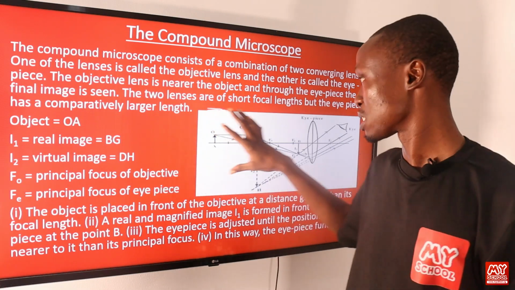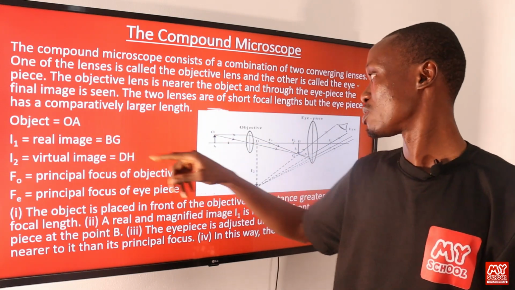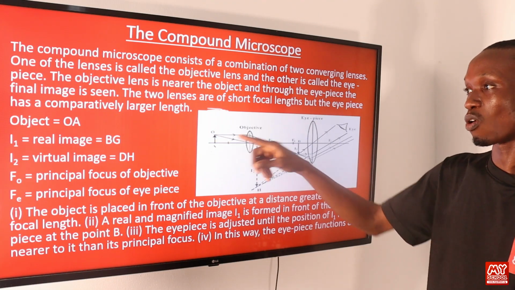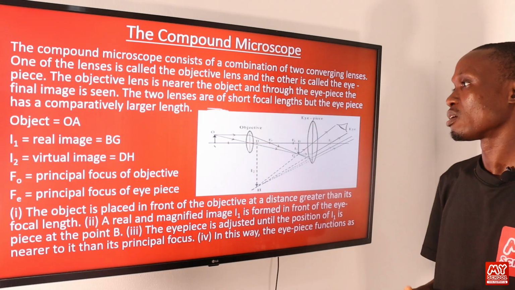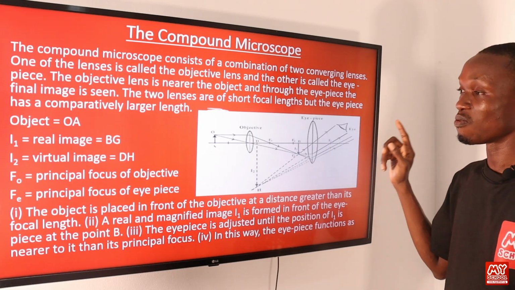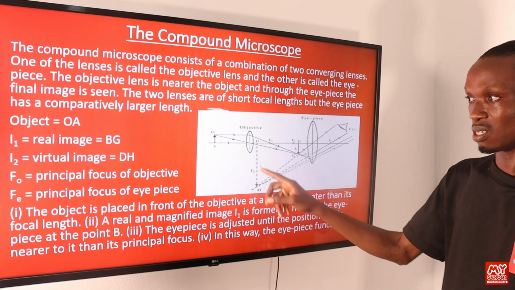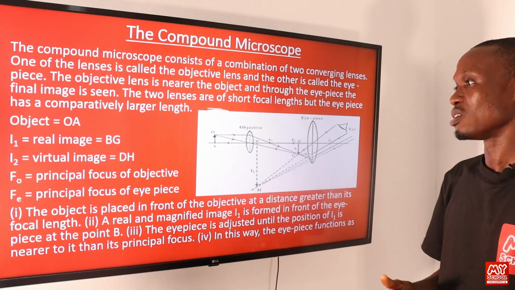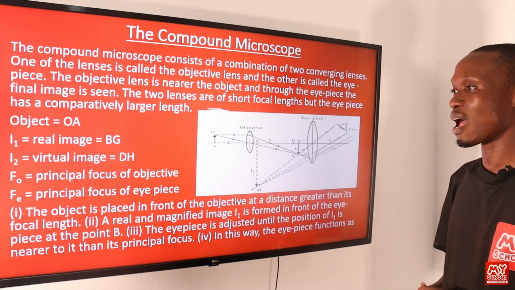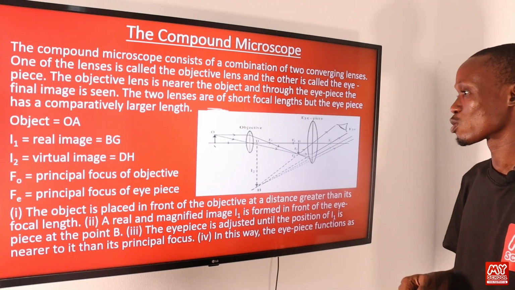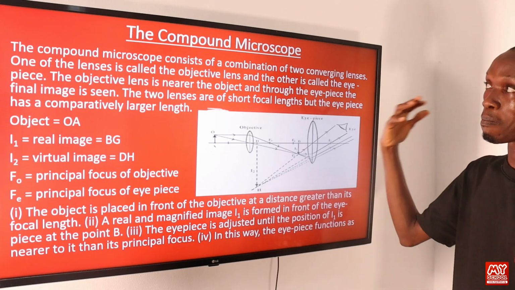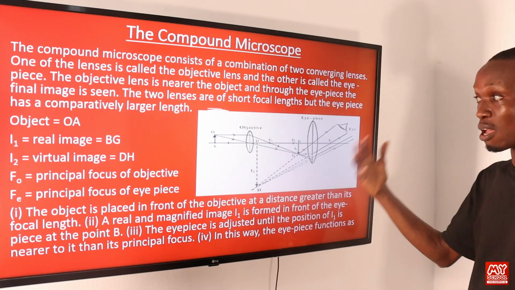From the diagram, OA represents the object, I1 represents the real image, while I2 represents the virtual image, while F0 is the principal focus of the objective lens and FE is the principal focus of the eyepiece.